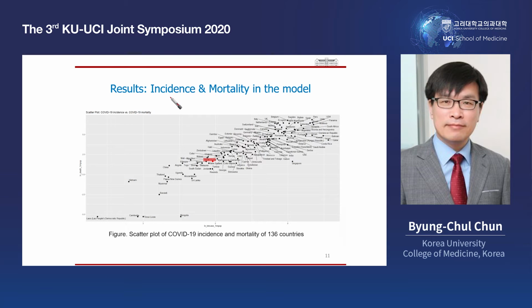Now the result. This figure shows the incidence and mortality of 136 countries in the study. You can see the strong association between the incidence and mortality. Korea is here, with somewhat lower incidence and lower mortality rate.